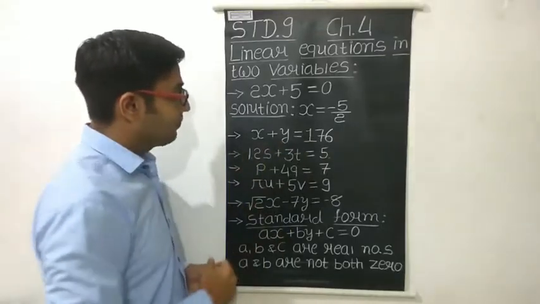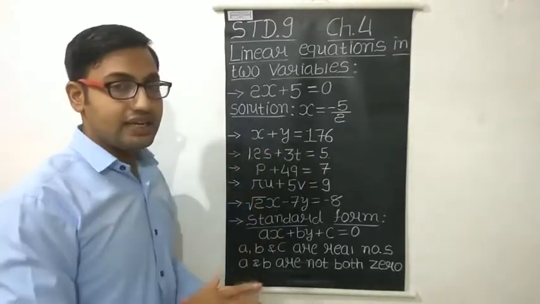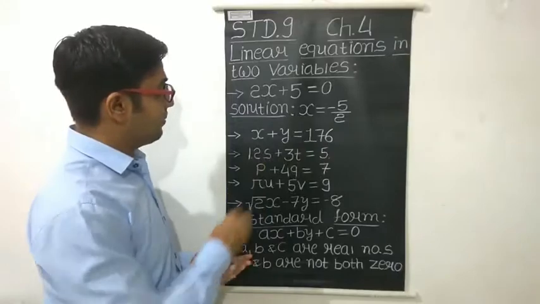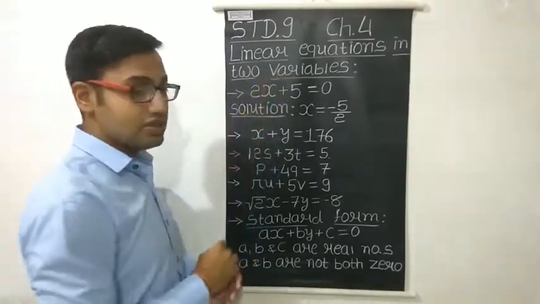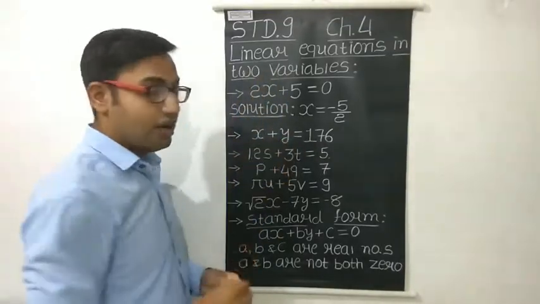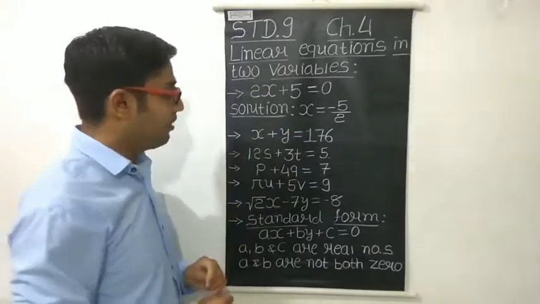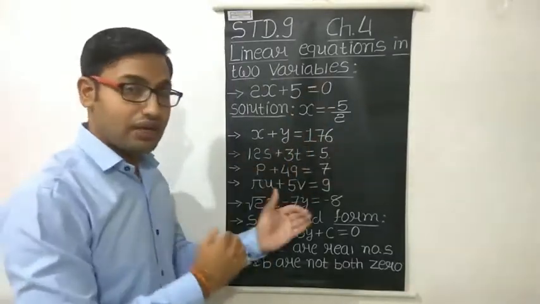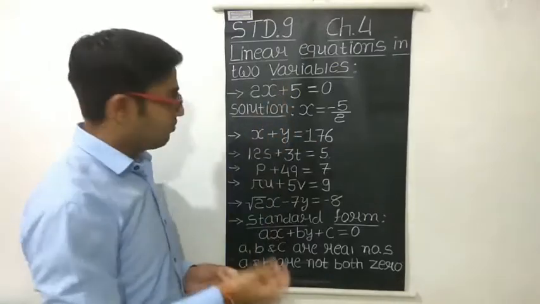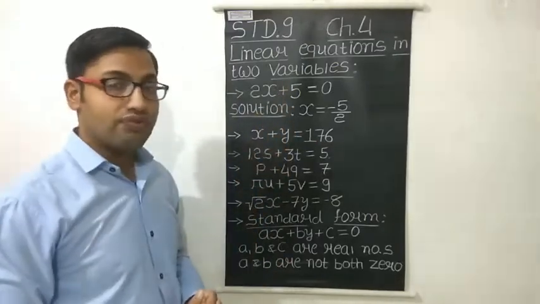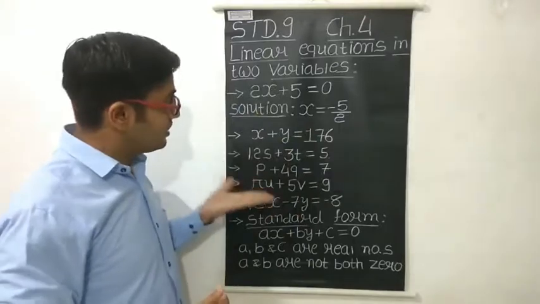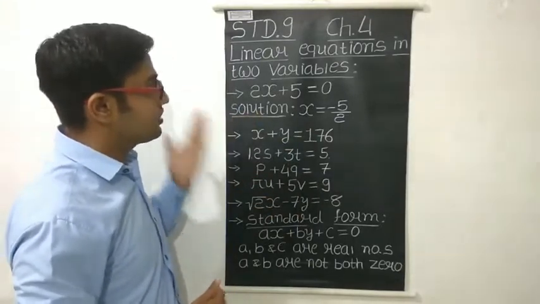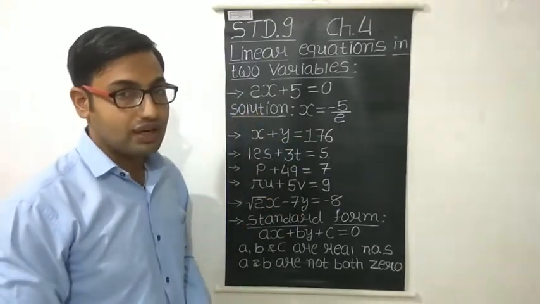So in this way, it is clear how we can represent it. Linear equations means both the variables must have one power. Equations means that some value must be defined. Two variables means two different kinds of variables we have to take. So this is the meaning of the chapter, linear equations in two variables, right?